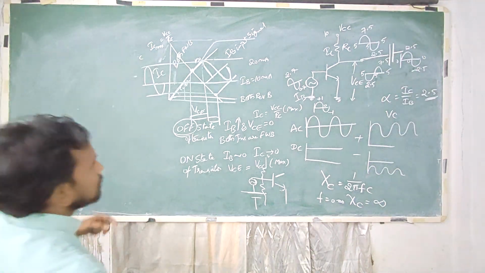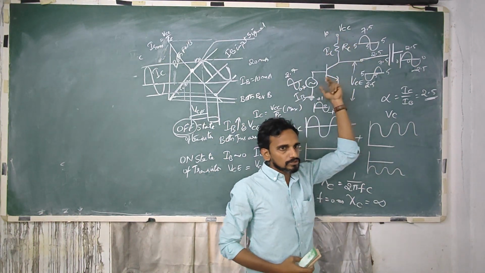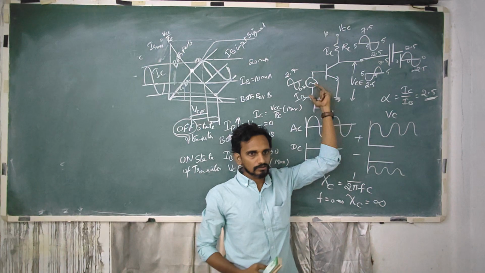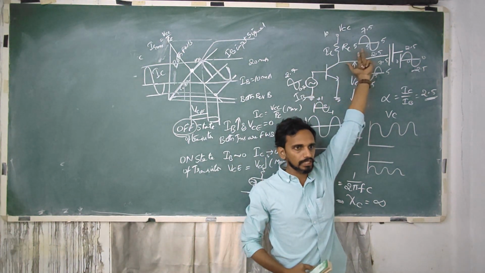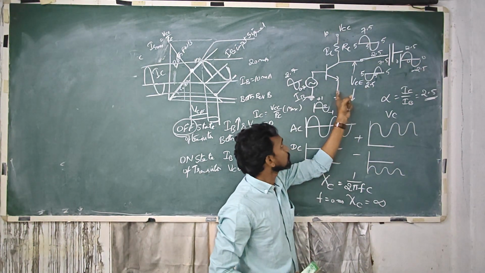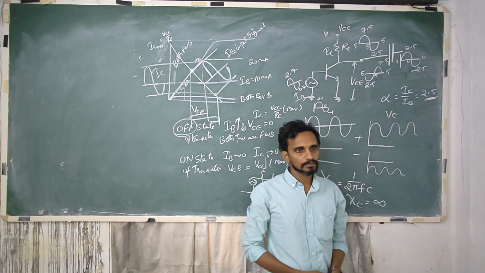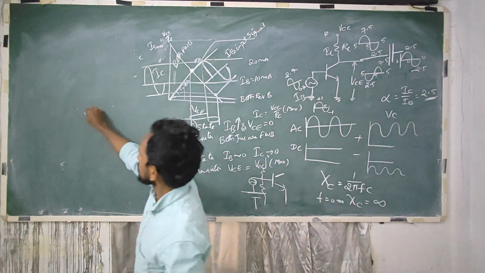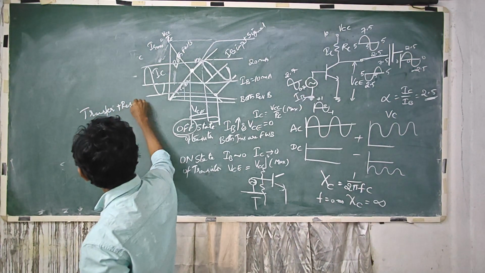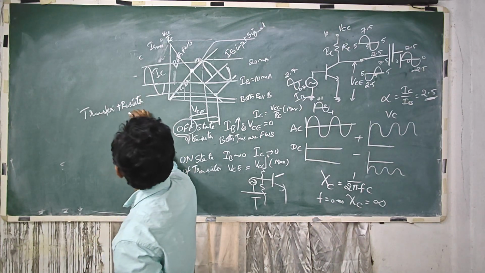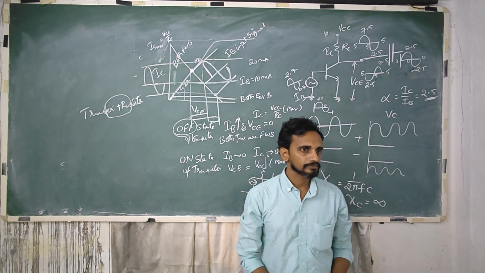So one more thing. Here the input junction is forward biased and output junction is reverse biased. So input junction resistance is very low. This is forward biased, and output junction resistance is very high. So current is flowing from a low resistance region to a high resistance region inside the transistor. So that is why the name transfer resistor, transistor.